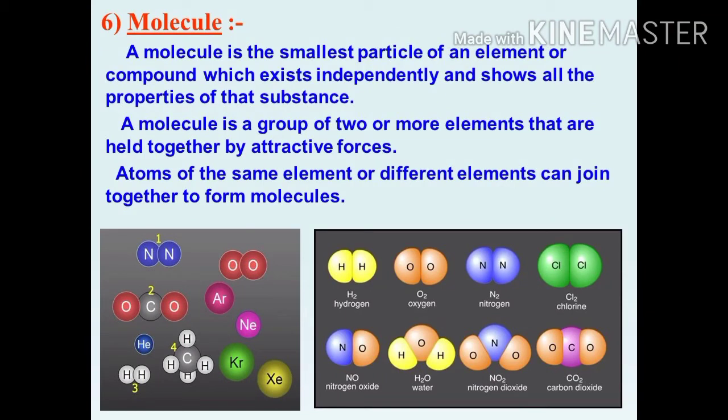Next one is molecule. What is a molecule? Two or more atoms combine to form a molecule. A molecule is the smallest particle of an element or compound which exists independently and shows all the properties of that substance.